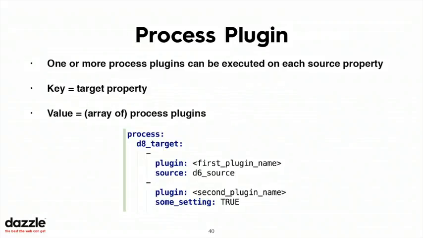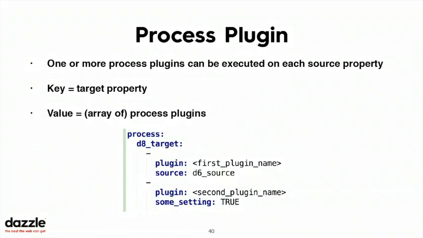So basically how you define this in your YAML file is first you specify as the key the target property you're going to use, and then you provide one or an array of process plugins. So in this case, we get our D6 source raw data.